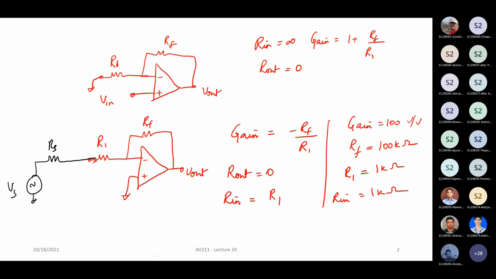Now the overall thing, basically from here to here, it is RF to R1. Vout by Vs can be written as what? R1 divided by R1 plus RS multiplied by minus RF divided by R1, right? So basically you'll get minus RF divided by R1 plus RS.